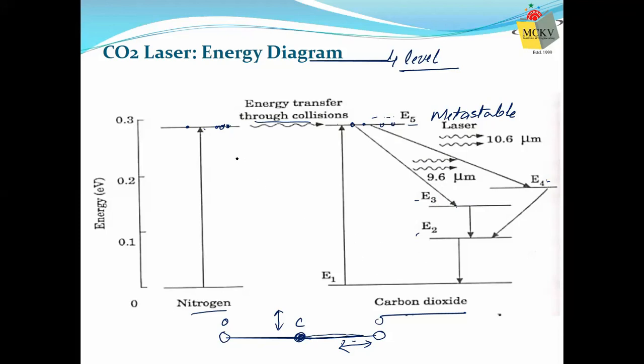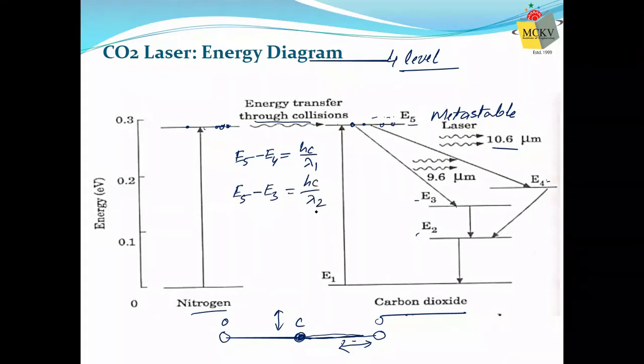That means now E5 to E4 is possible. That means you get one type of wavelength. That wavelength is 10.6 micrometer. Whereas when the de-excitation occurs between these two, you get a different wavelength. That wavelength is 9.6 micrometer. So both are in infrared.